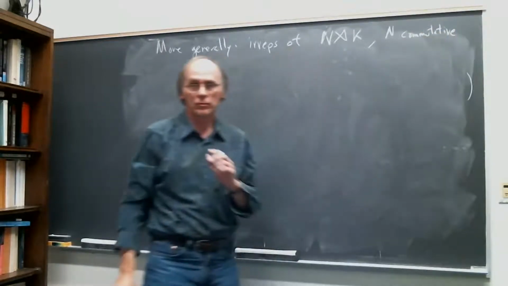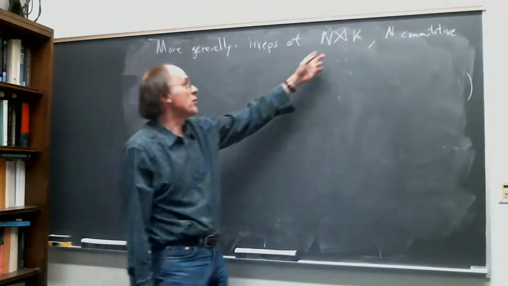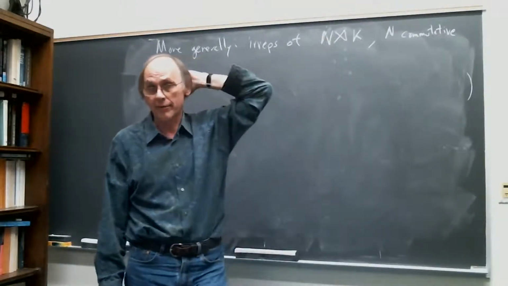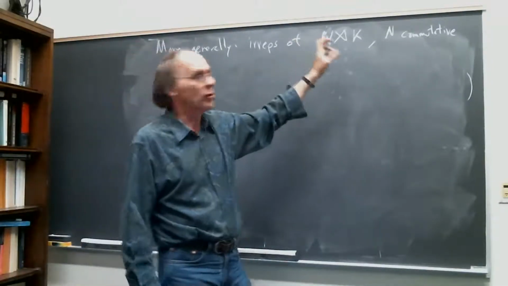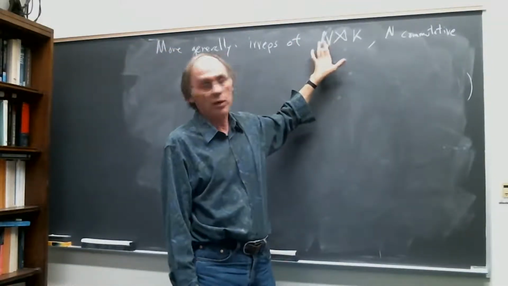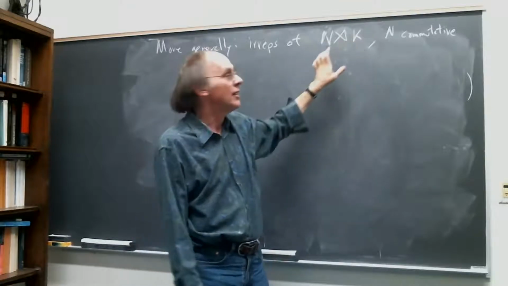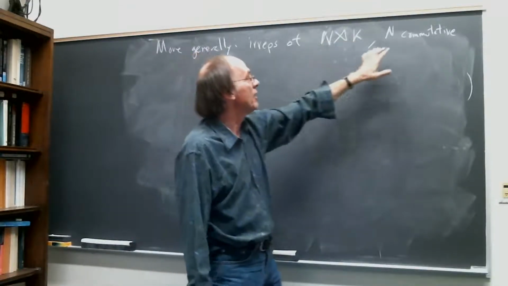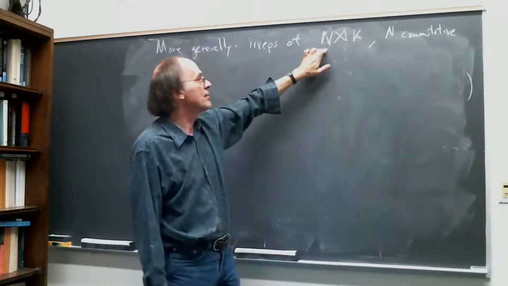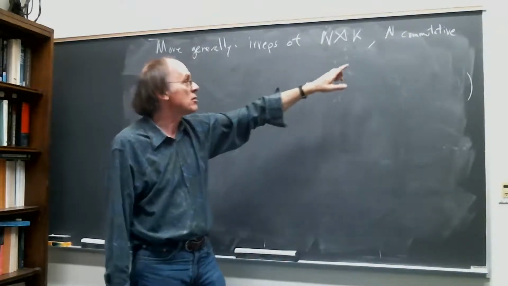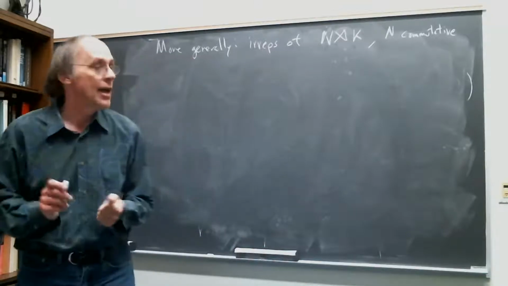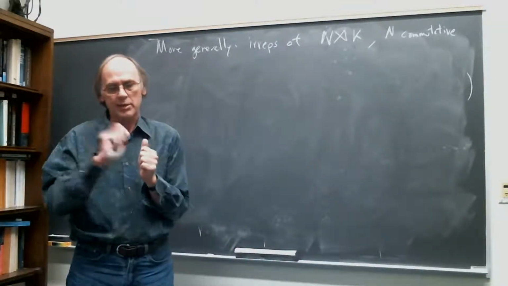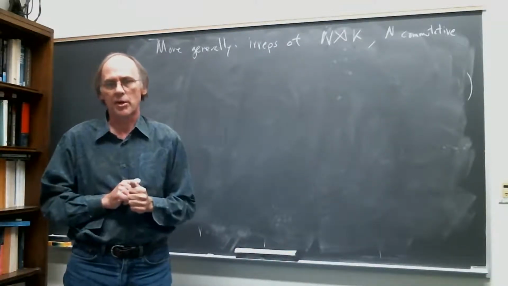So in general, there's no reason that N should be commutative. For instance, in one case, the so-called Jacobi group, N was the Heisenberg group, and this was a symplectic group, but that's much harder. But here, things are a lot simpler if N is commutative, and this was true for E2 and E3, because in E2 and E3, N was just the translation group R2 or R3, a commutative group.